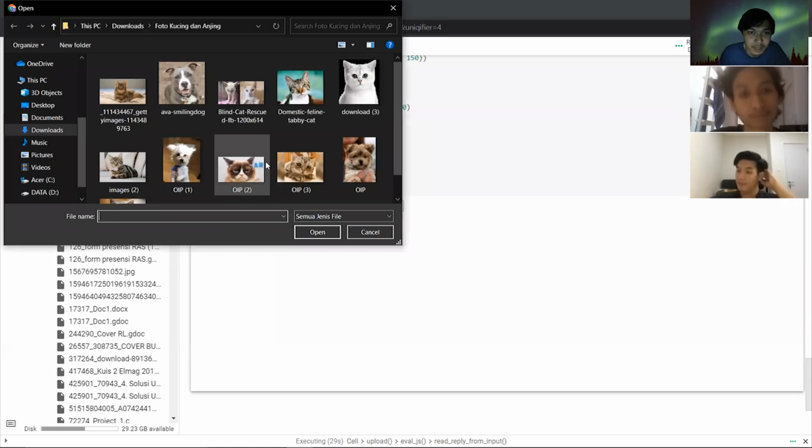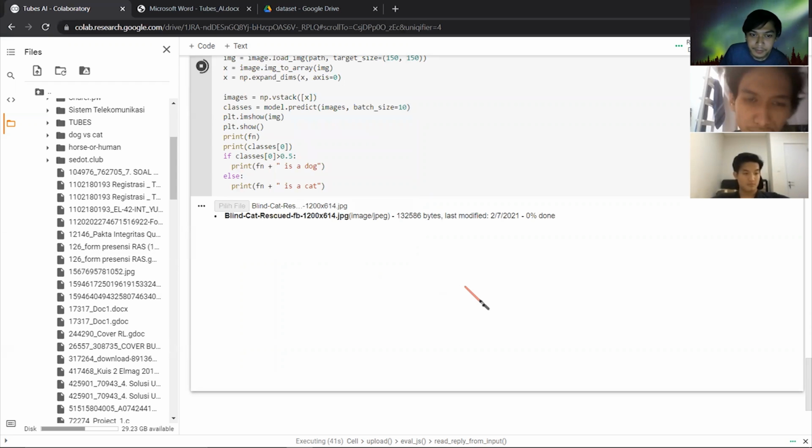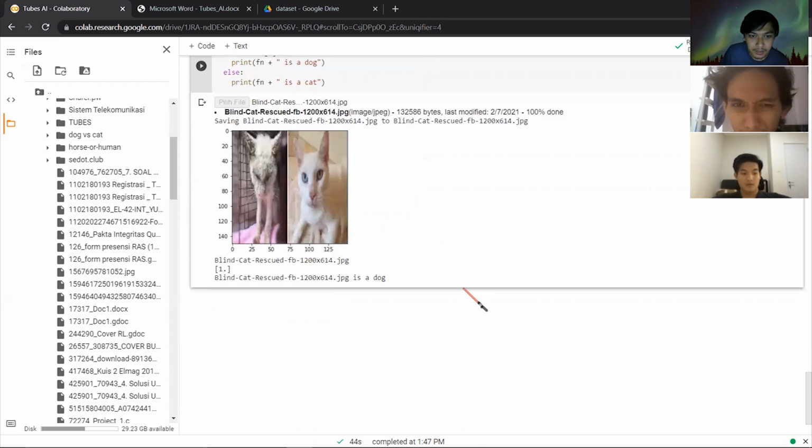Yeah, maybe something like this. I try to find the missed data. Maybe this. You can see, this program says there is a dog, but we know this is a cat.